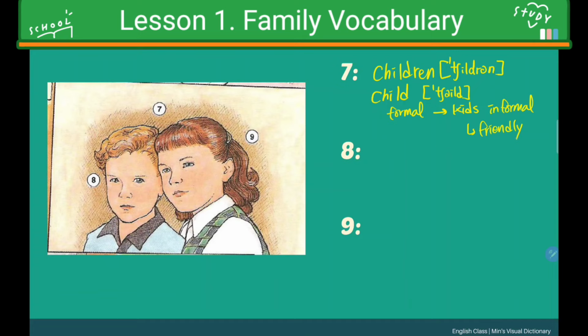Number 8, we have the male child that we call boy. The pronunciation is boy, boy. The definition of this one is a male child from birth to adulthood.